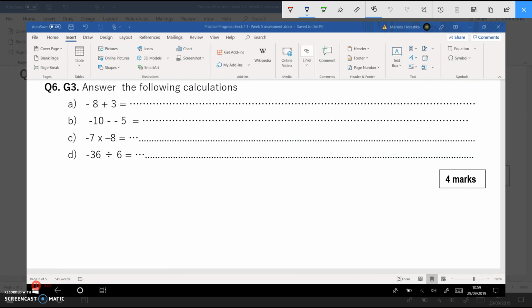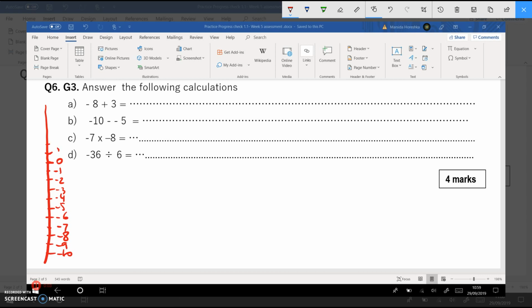Question number 6. Answer the following calculations. We've got -8, add 3, and I'll use a number line to help me with this. So we've got 0, -1, -2, -3, -4, -5, -6, -7, -8, -9, -10, and so on.